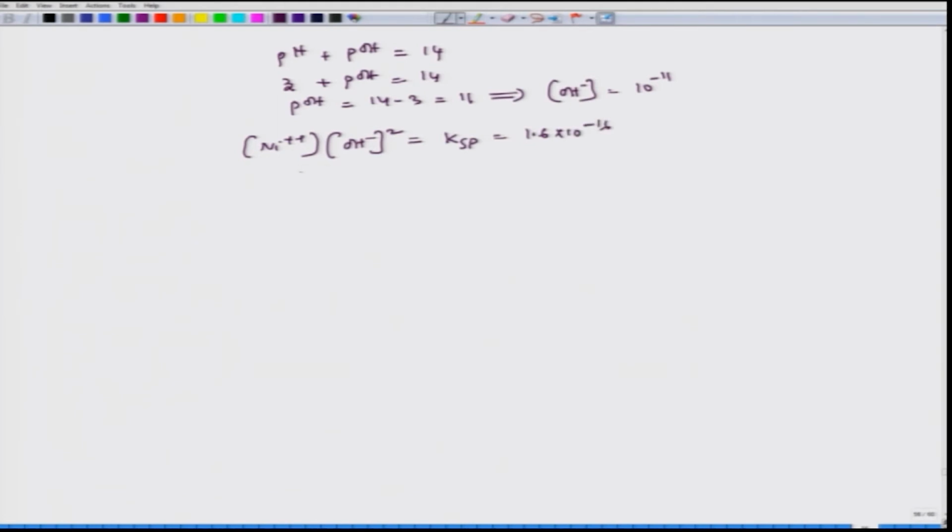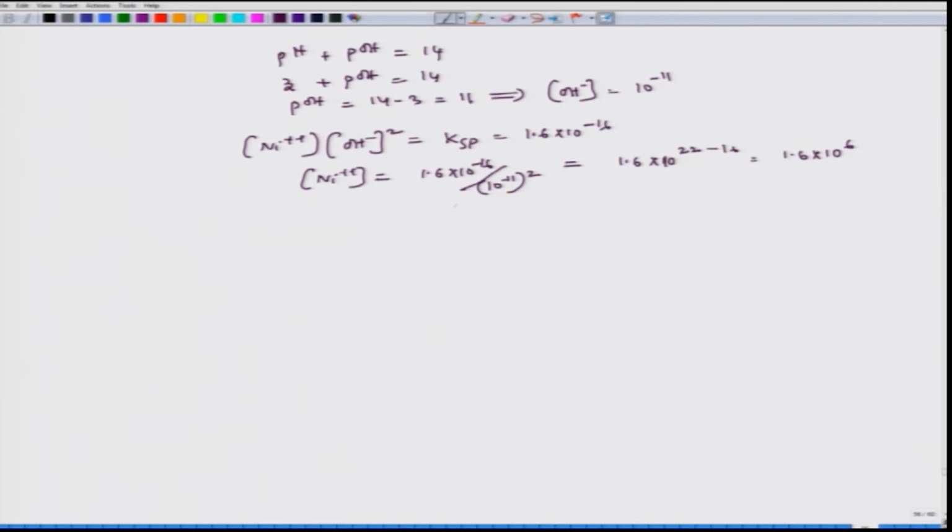So, the nickel ion concentration becomes 1.6 into 10 to the power minus 16 divided by 10 to the power minus 22, which is 1.6 into 10 to the power 6. This is the nickel ion concentration in that solution.